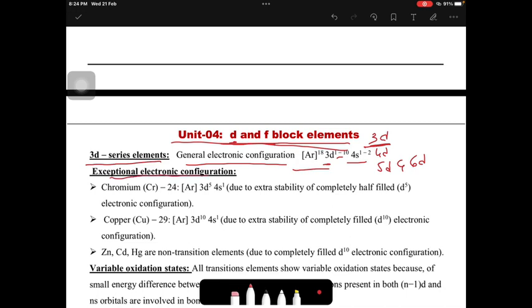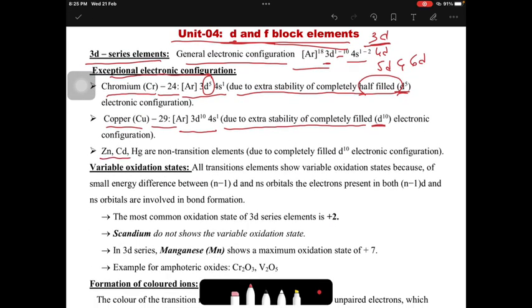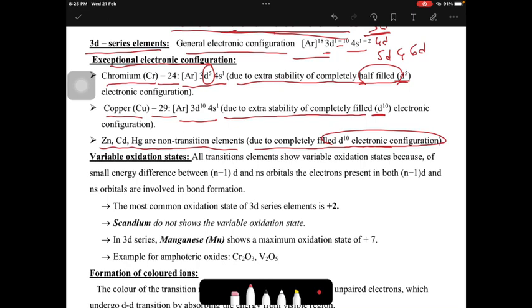Exceptional electronic configuration for chromium, atomic number 24: argon 4s1 3d5, due to extra stability of half-filled d5 configuration. Copper, atomic number 29: argon 4s1 3d10, due to extra stability of completely filled d10 configuration. Zinc, cadmium and mercury are non-transition elements due to completely filled d10 electronic configuration.